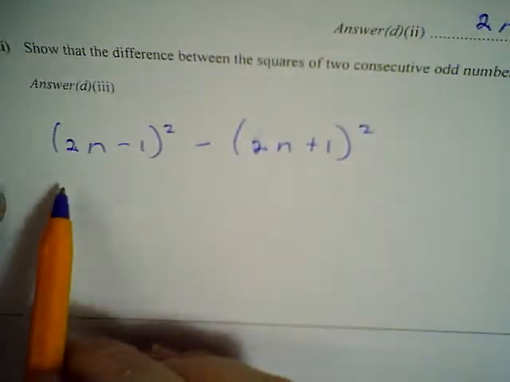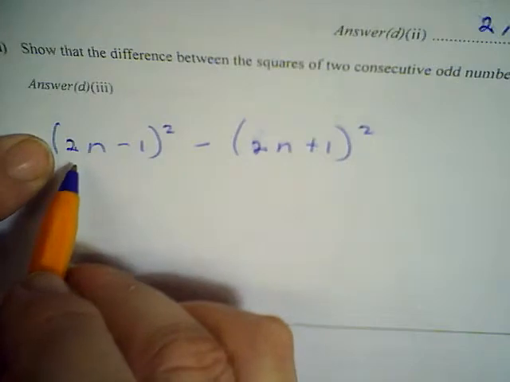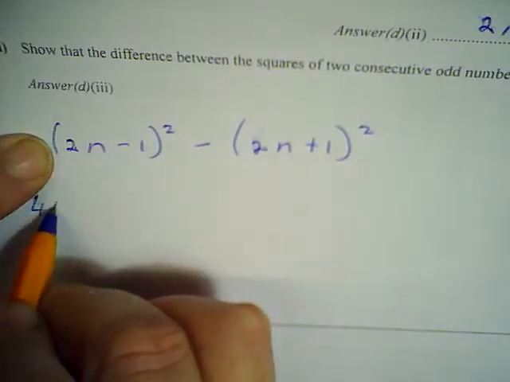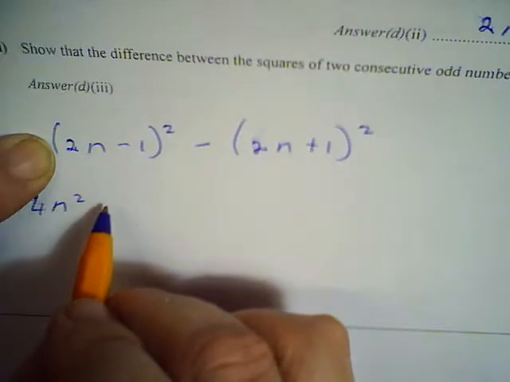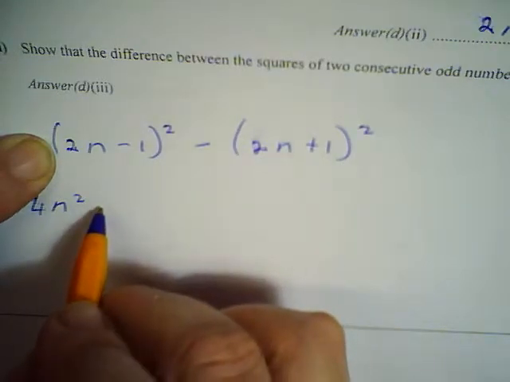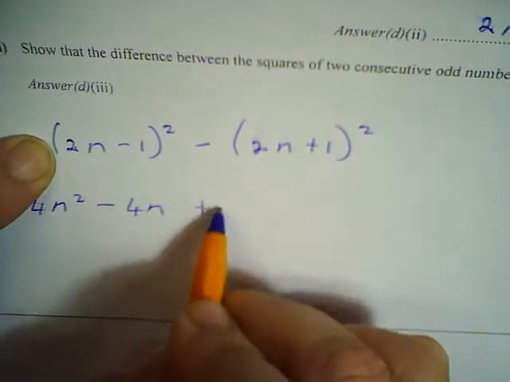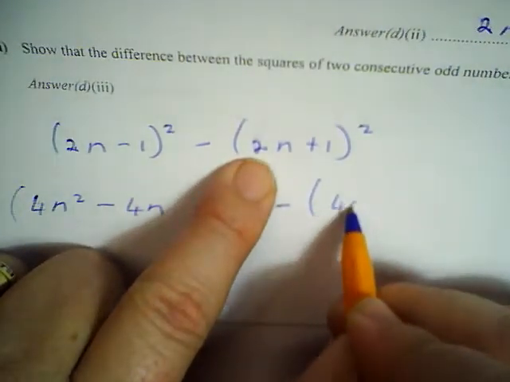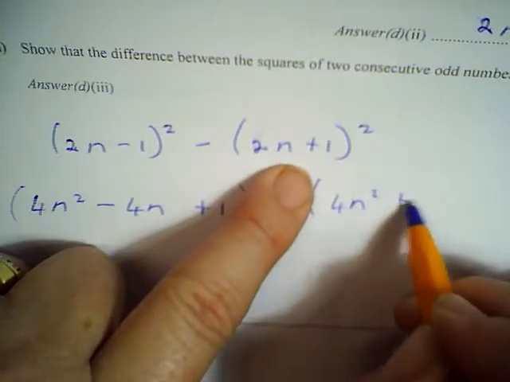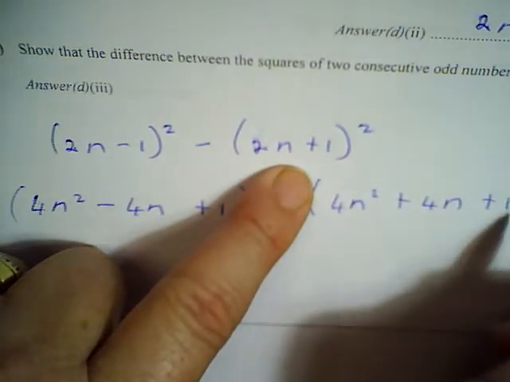Okay, so I'm just going to square this. 2n times 2n would give me 4n squared. 2n minus 1: negative 2n times 2 would give me negative 4n, plus 1. Minus, this would give me 4n squared plus 4n plus 1.